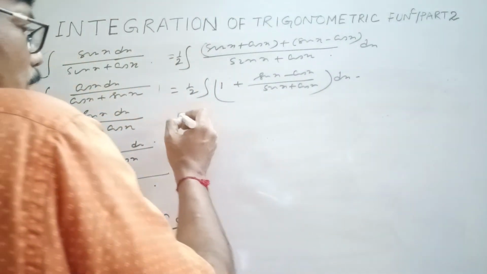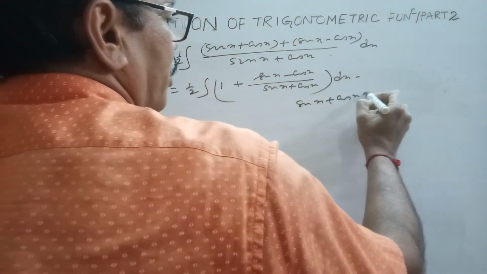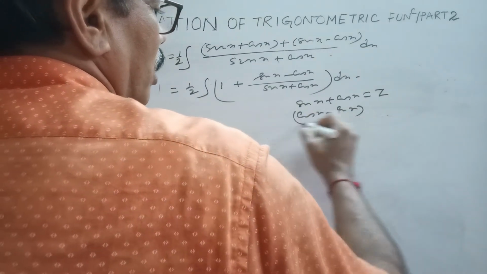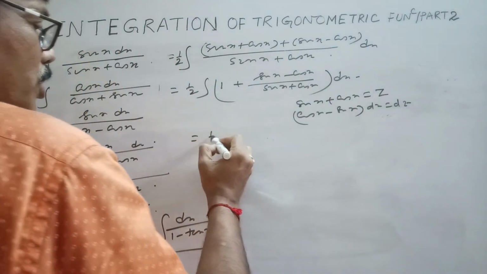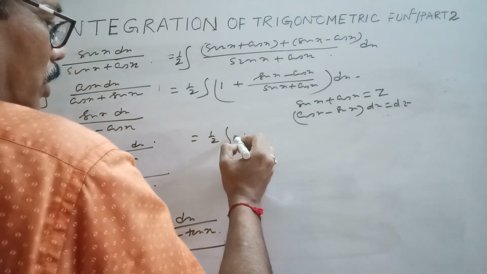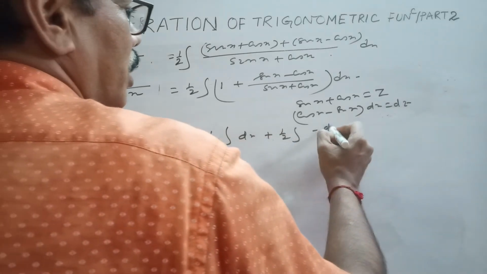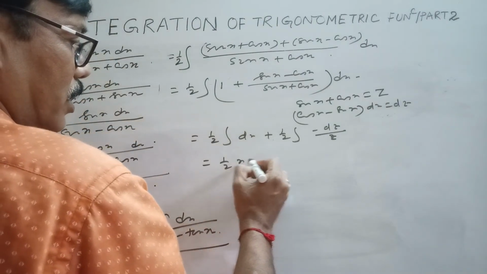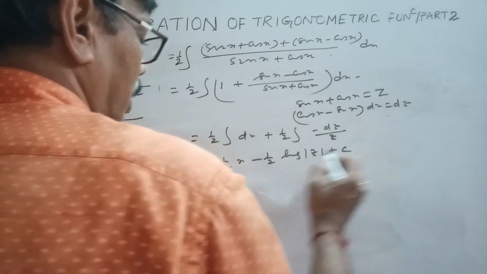Now if we put the denominator as z, then (cos x minus sin x) dx equals dz. So this is half of dx, half of minus dz by z. So half x minus half log z plus c.